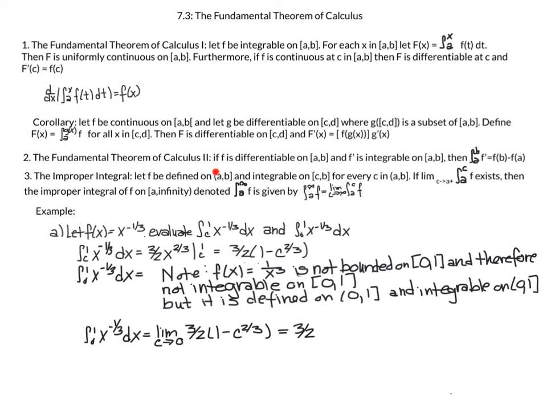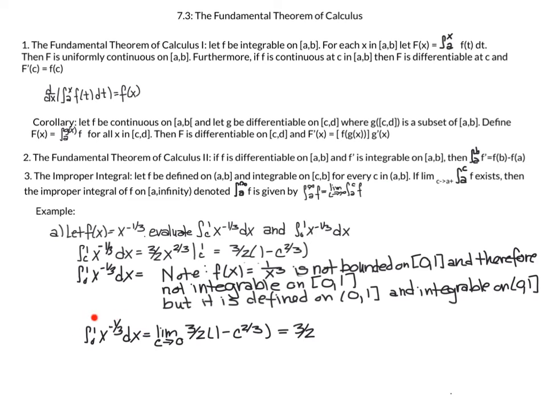So f is defined on the half-open interval and integrable on every c to b for c in the open interval. So that's exactly this condition here. So now we can use this formula for the improper integral.